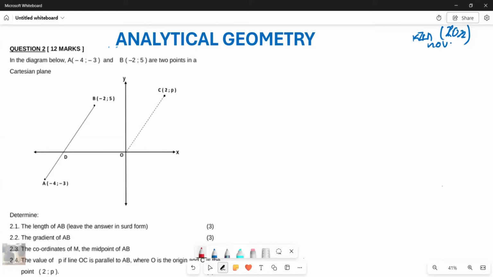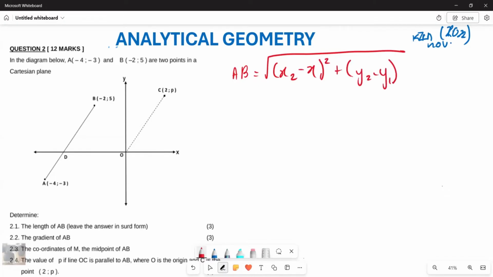Now for the length of AB, remember, for length you use the distance formula, which is the square root of (x2 subtract x1) squared plus (y2 subtract y1) all squared.